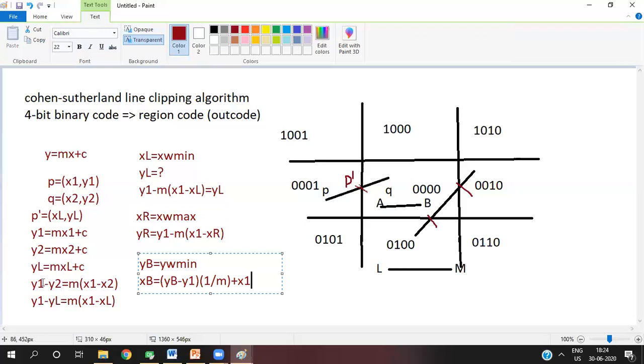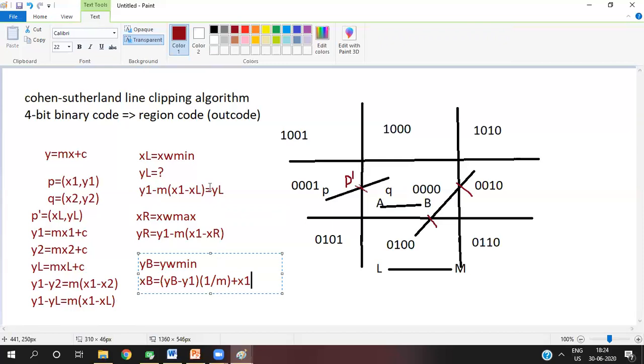You just put over here y1 minus yb is equal to m into x1 minus xb. Fine. So just move this m over here, then it will be, okay, yb minus y1 times 1 divided by m plus x1. We'll get the same value over here. Fine. So similarly, I can calculate the y top as well.